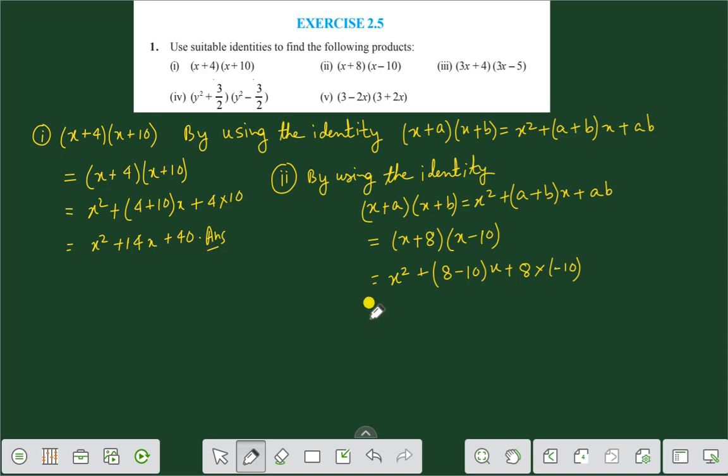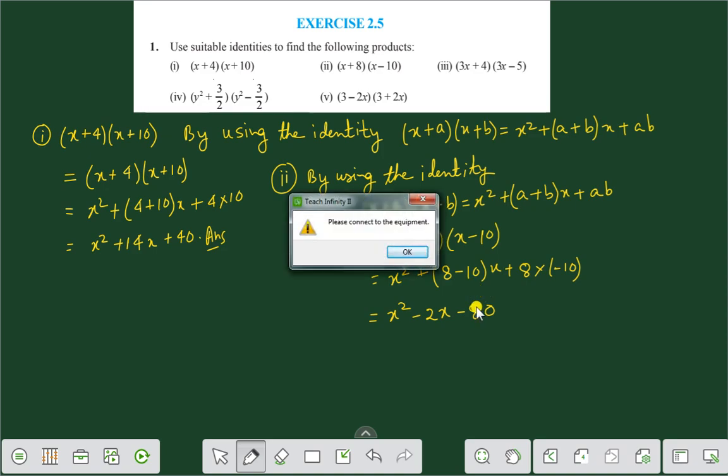And we are getting x square minus 2x minus 80. The answer is x square minus 2x minus 80. This is question number 2.